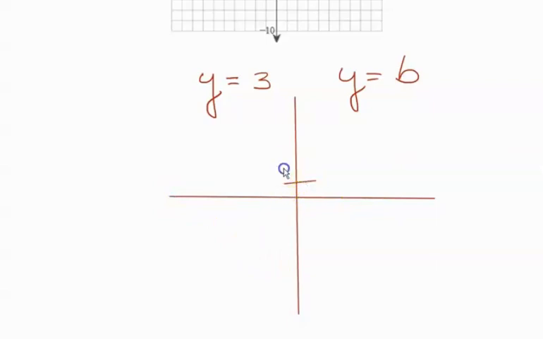And 1, 2, 3, 4. And it's just going to be a horizontal line going through the y-intercept, like so. Just to have another example.